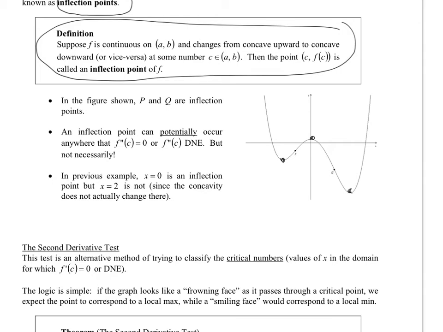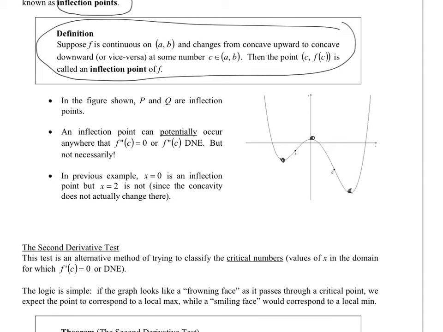Now, it might not do either of those things. It might be a plateau, but at a critical point, that's where we expect that there might be a change from increasing to decreasing or from decreasing to increasing. Inflection points are different. Inflection points are not points where we necessarily change from increasing to decreasing or from decreasing to increasing, but rather points where we change from concave up to concave down or concave down to concave up.